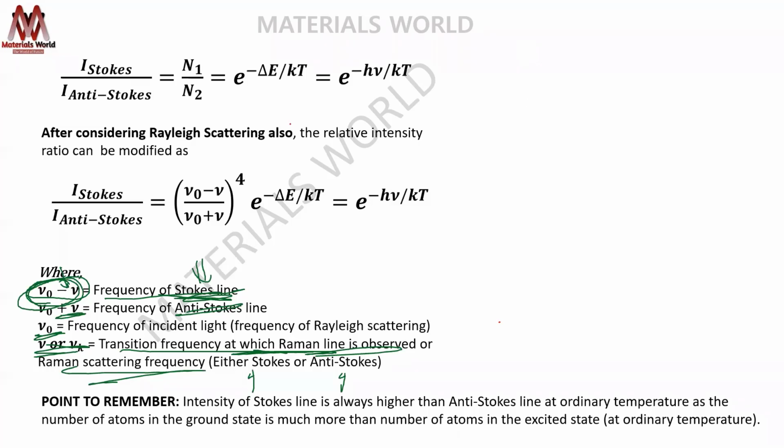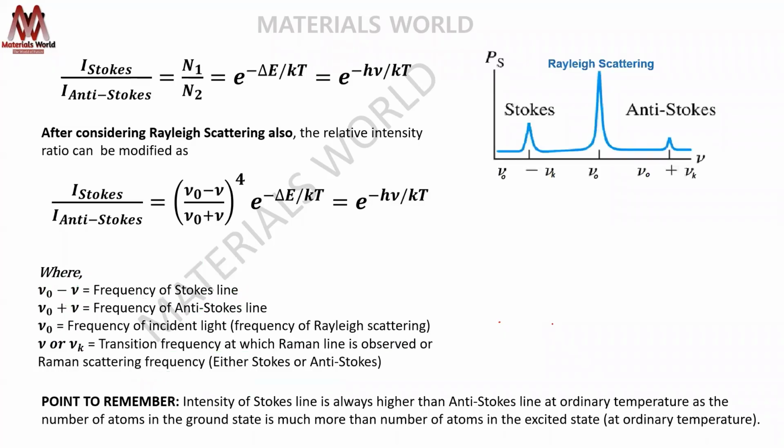Now, if you see the graph, this is intensity with the frequency. The anti-Stokes is observed at higher frequency as compared to the frequency of the incident laser photon, and Stokes is observed at lower frequency. Let's say this is 1000, and this you are getting, let's say, 1050, and this 950, for example.